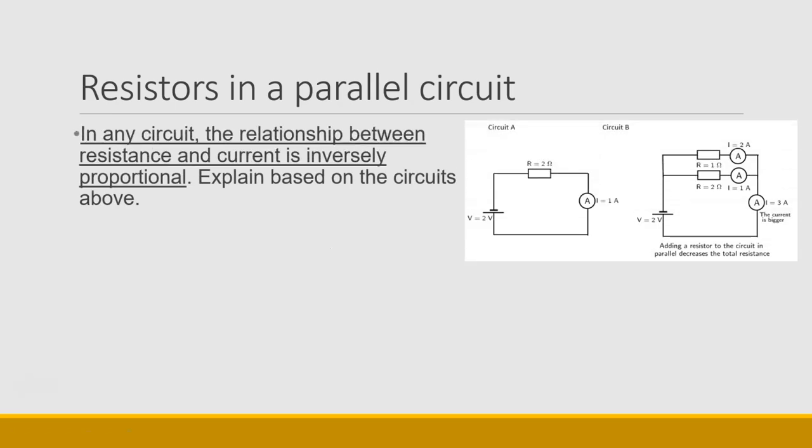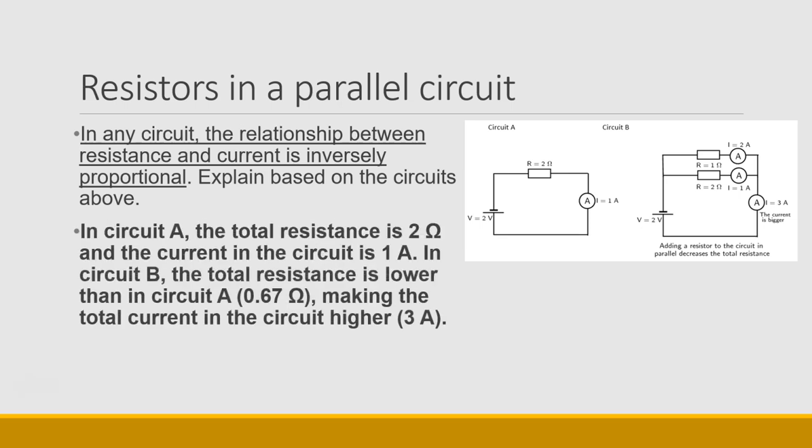In any circuit, the relationship between resistance and current is inversely proportional. Explain this based on the circuits above. Now, what we can see is that in circuit A, we have a total resistance of 2 ohms and a total current of 1 amp.